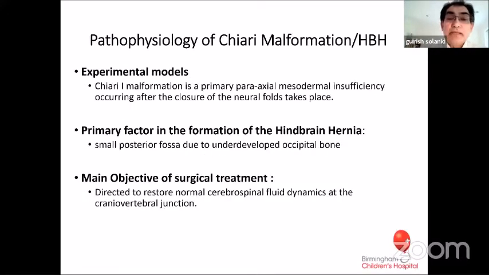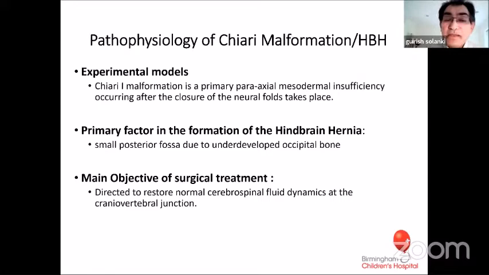So a little bit about Chiari malformations. We know from experimental models that Padilla and Padilla carried out many years ago that Chiari malformation can be recreated in vitro by genetic manipulation. And it's a primary para-axial mesodermal insufficiency occurring at the closure of the neural folds, and that is well known.